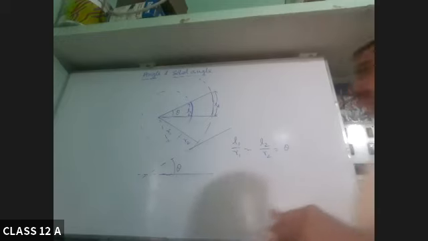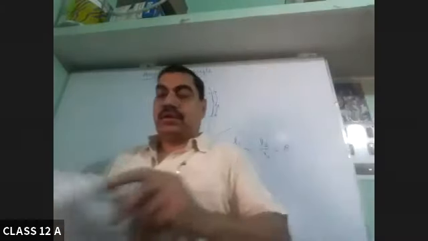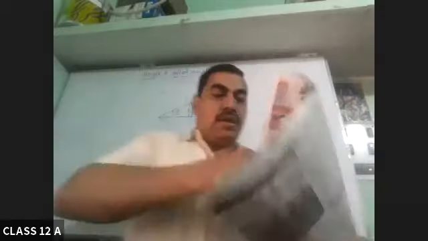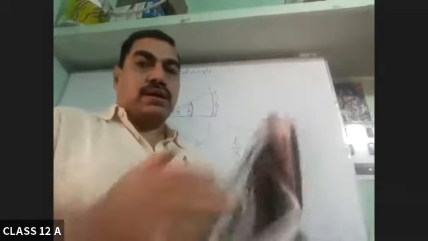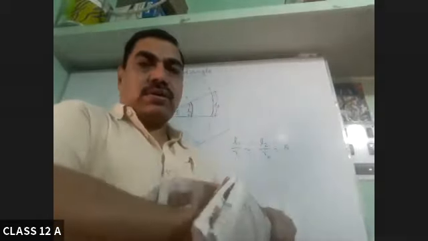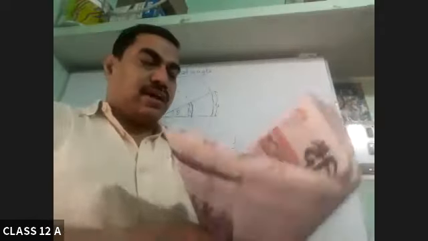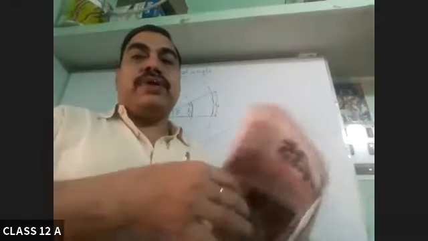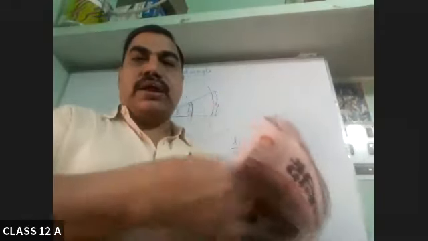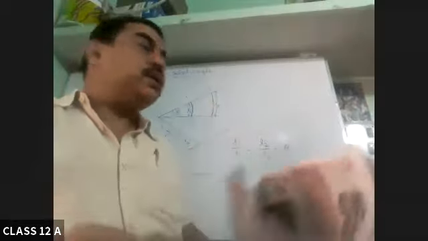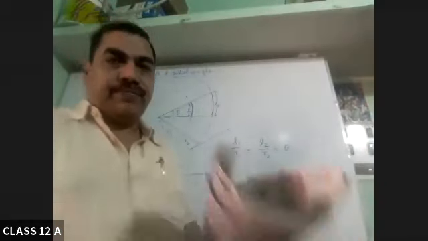Suppose we take this paper and make a cone like this. This is like a jhalmuri cone or an ice cream cone. So how do we express this inclination of the surface, how the surface is inclined? This inclination we express in terms of solid angle.